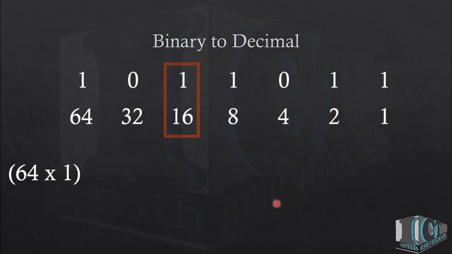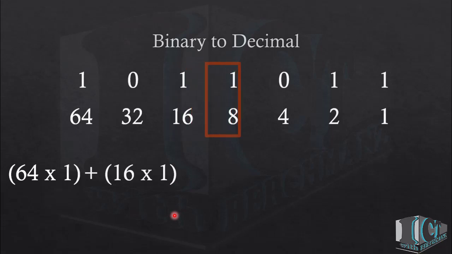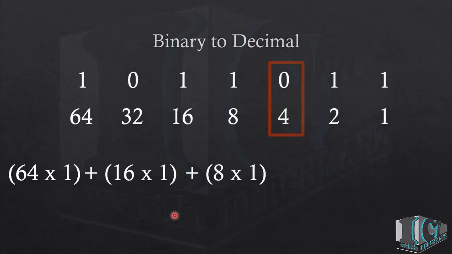1 into 16. I will write that down. Note that we are going to add the products of all these numbers. The addition sign is available here. So 64 into 1 plus 16 into 1. Next we have 1 into 8. Then another 0 is available, so I'm not going to consider that part.